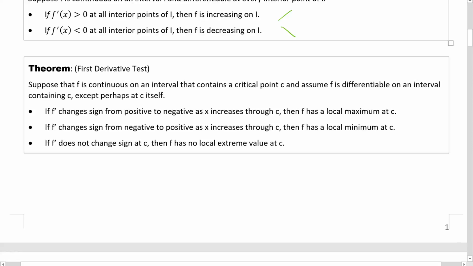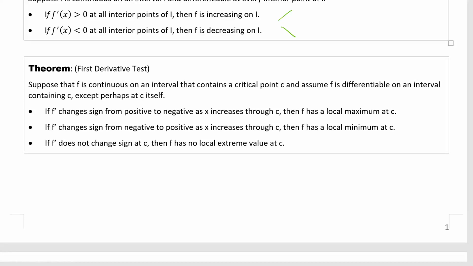First derivative test. Suppose that f is continuous on an interval that contains a critical point c. Assume that f is differentiable on an open interval containing c, except possibly at c itself.